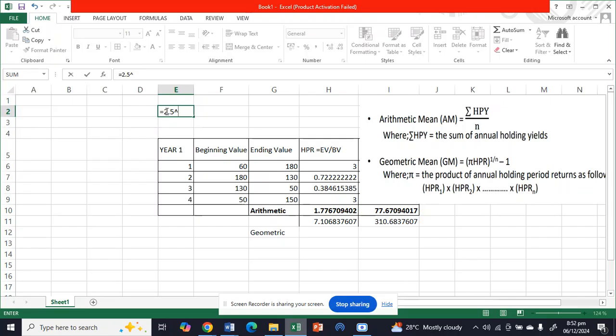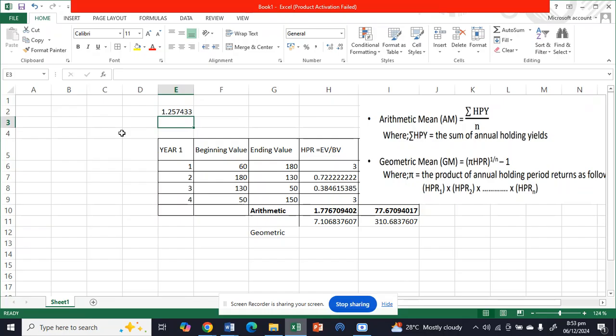So 2.5 to the power 0.25, we get 1.257. Let me just confirm this value on my calculator. 2.5 to the power 0.25.